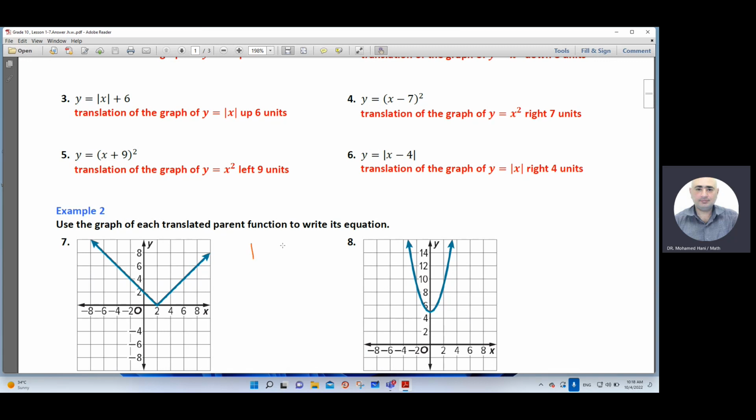Always we have absolute value, and between the absolute value, f(x) or y equals x minus h, then plus k. And here we have a. Who can remember what is the h and what is the k?